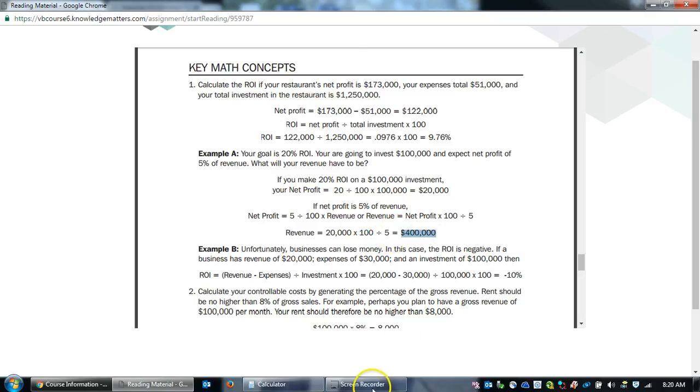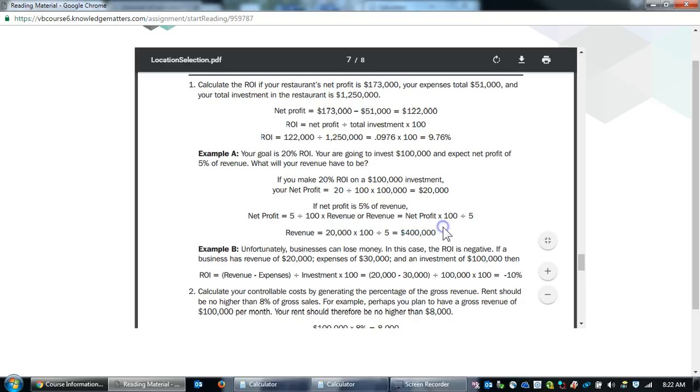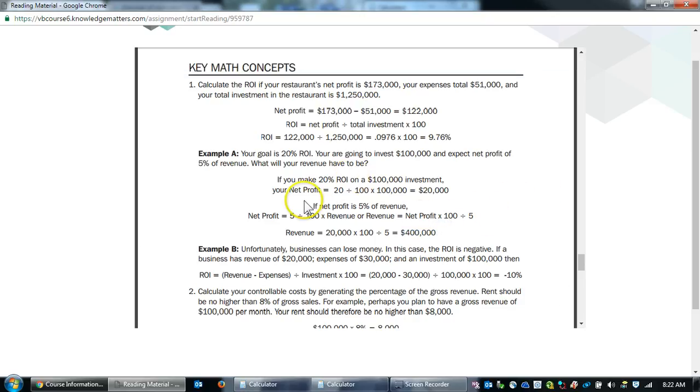So what's going on in this problem is that we're working backwards. We're saying we're going to calculate our profit, and really all we're doing is saying 20% on this. That's all that matters in this math problem. Your goal is 20%. You're going to invest $100,000. So what's the end goal?